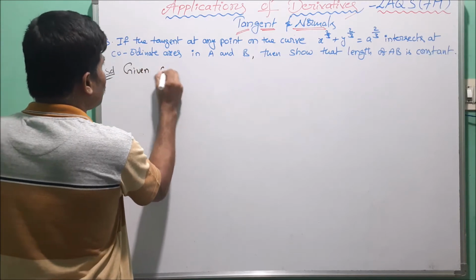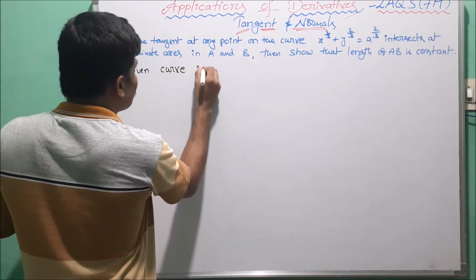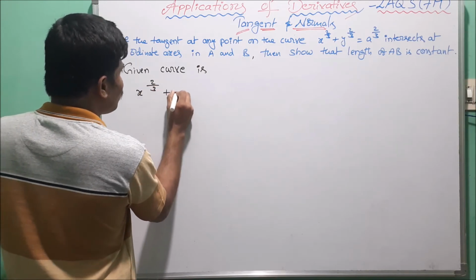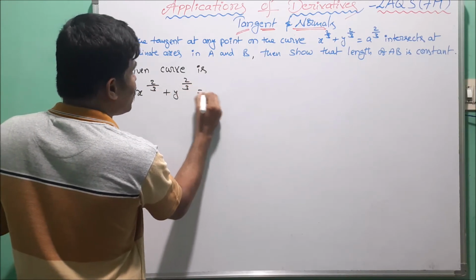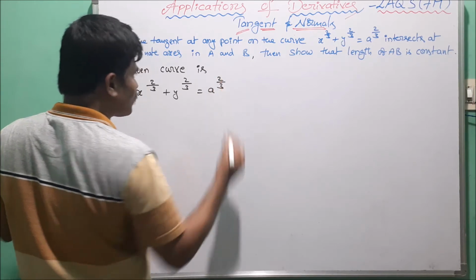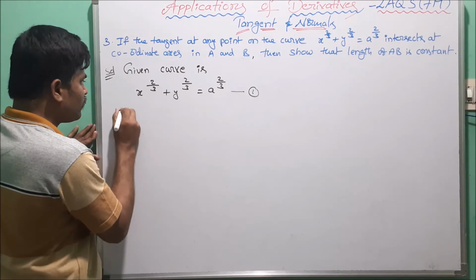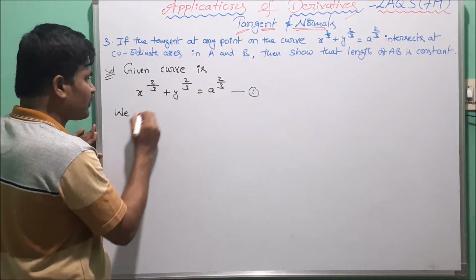Given curve is x^(2/3) + y^(2/3) = a^(2/3), which is equation 1. Now here we take a parametric point on this curve.